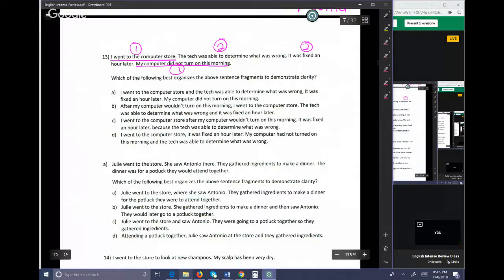So I chose B, because it says, after my computer wouldn't turn on this morning, I went to the computer store. You can see that my two that I had labeled as ones are together there. The tech was able to determine what was wrong, and it was fixed an hour later. So this is 2 sentences, and quite honestly, this is not an instance where they could have you do 1 sentence.